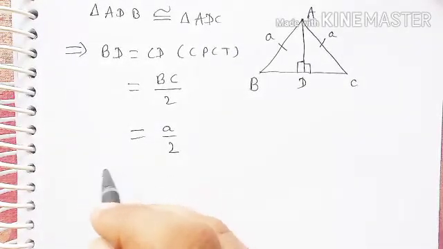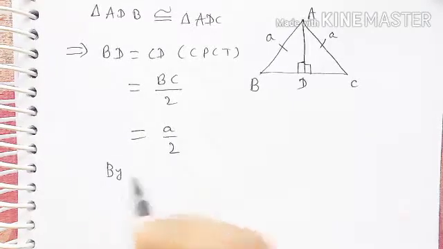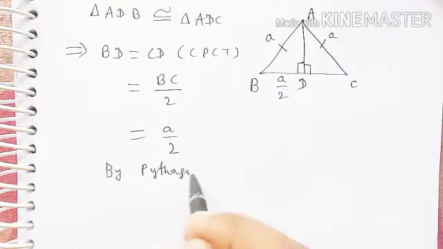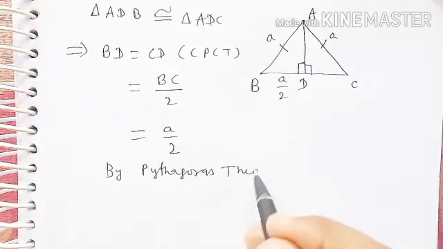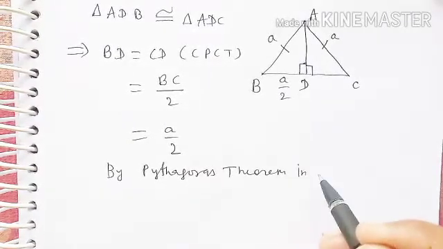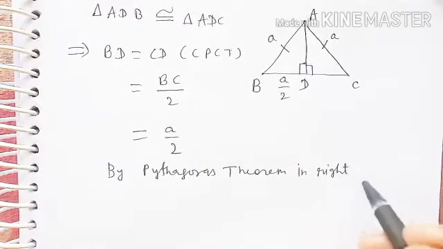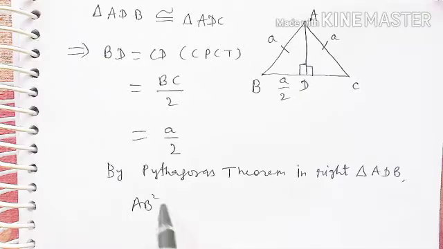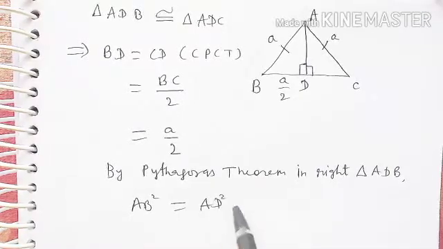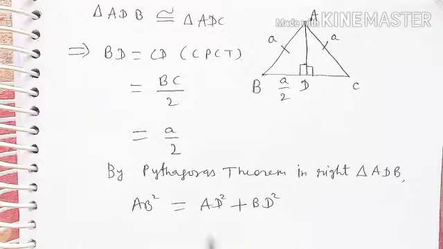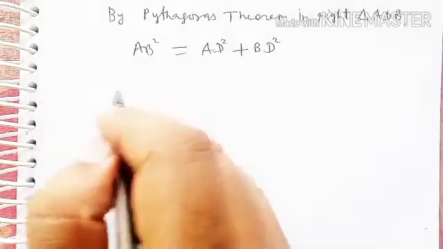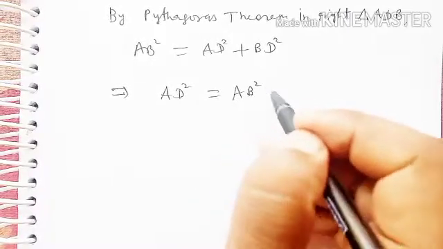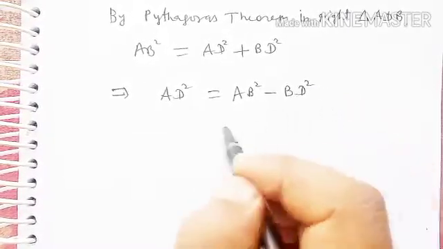Now by Pythagoras theorem, in right triangle ADB, AB square is equal to AD square plus BD square. From here we have AD square is equal to AB square minus BD square.